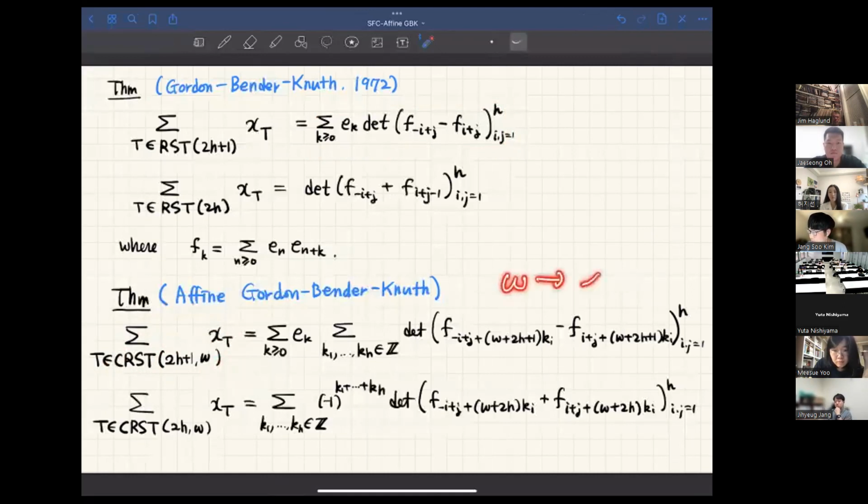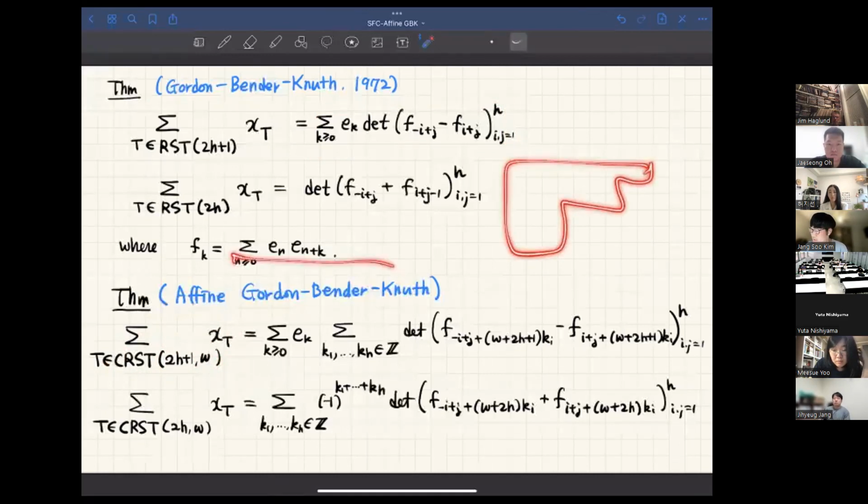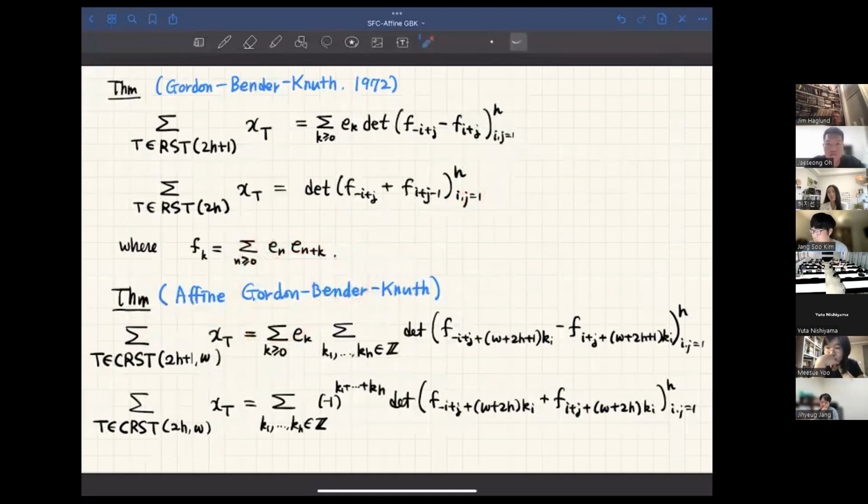Our result is a generalization of the Gordon-Bender-Knuth identity, in the sense that if w approaches infinity, that means the cylindric condition just disappears, because you shift down by h and to the left by w, but if w equals infinity, we don't have any overlaps, so it's just a row-strict tableau with bounded height.